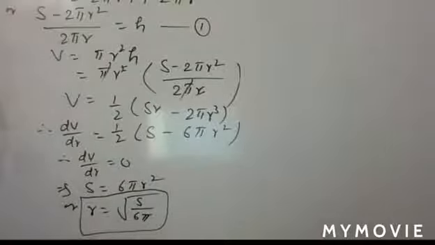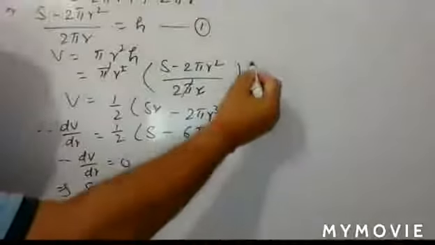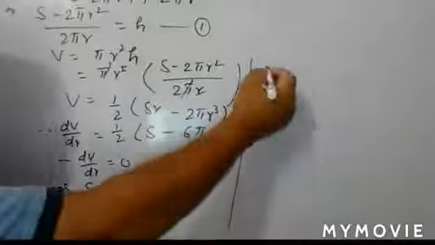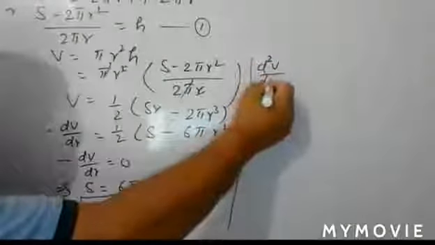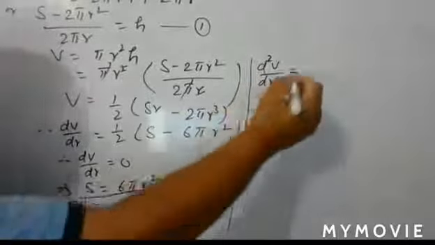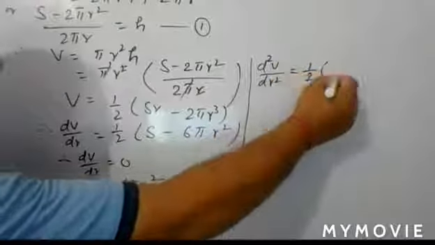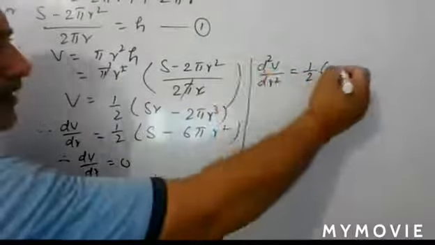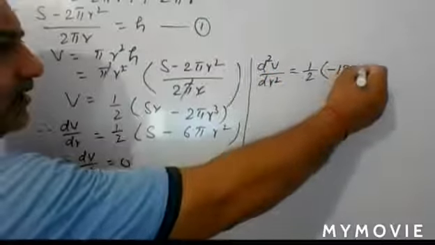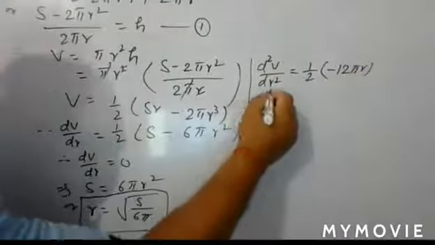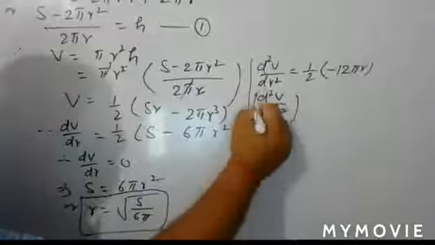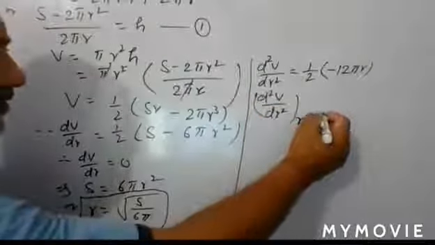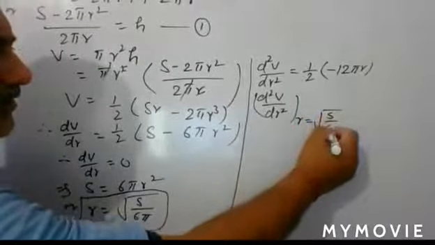Now you take its second derivative. d2V upon dr2 is equal to 1 upon 2 into, for S you have 0 and here you have minus 12 pi r. Find its second derivative at the given point, r is equal to under root S upon 6 pi.